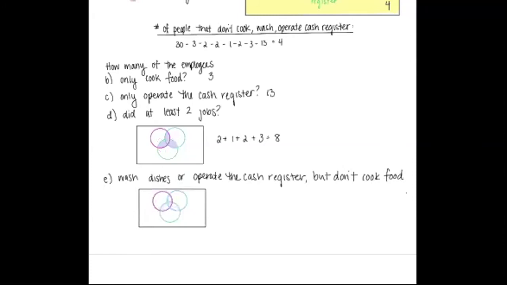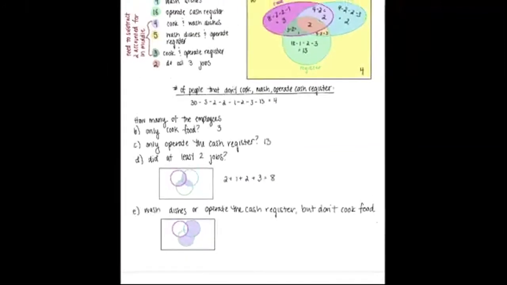If they wash dishes or operate the cash register, they would be in these 2 circles, but we don't want the ones that cook food. So we ignore the stuff in the pink circle. So really, I want how many people lie within these regions. They don't care about the stuff in the pink. So looking at those, that's 2, 3, and 13. So we just add those together. So there are 18 people that can wash dishes or operate the cash register, but they don't cook food.